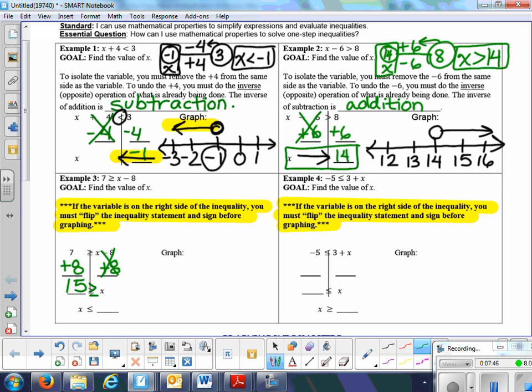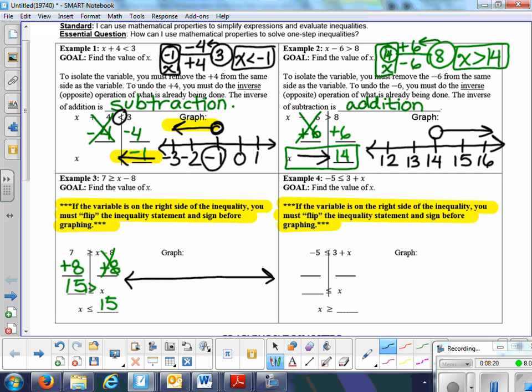So if I change the order and put the variable over here on the left, and the value of my solution on the right, then I need to change the direction of my inequality sign as well. And if you'll notice, the point is now still facing toward the variable. So that means that our solution is x is less than or equal to 15.